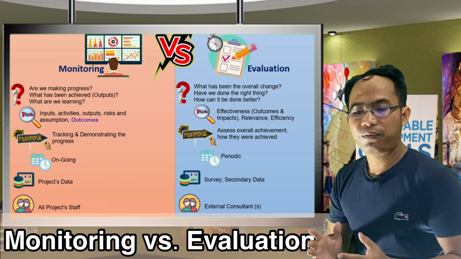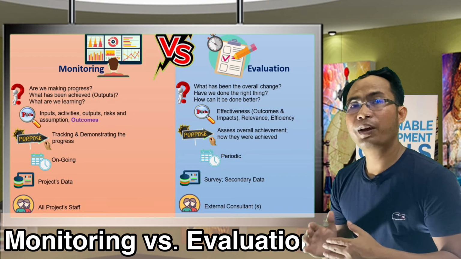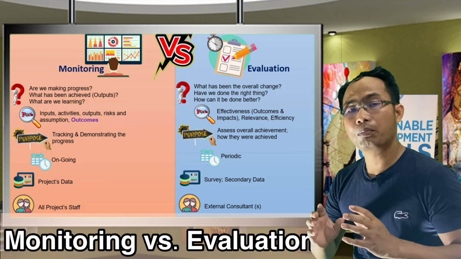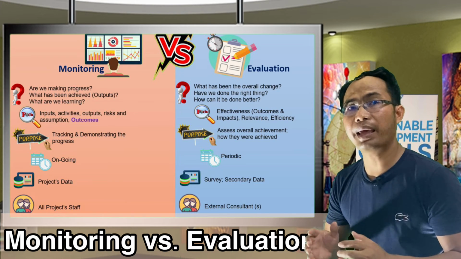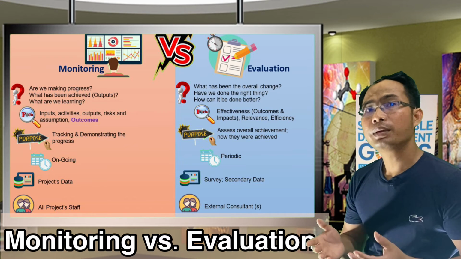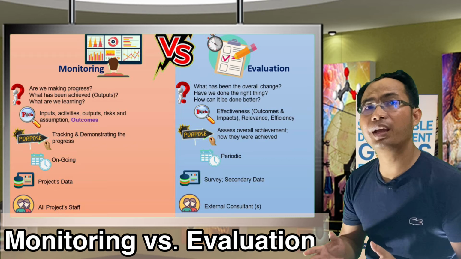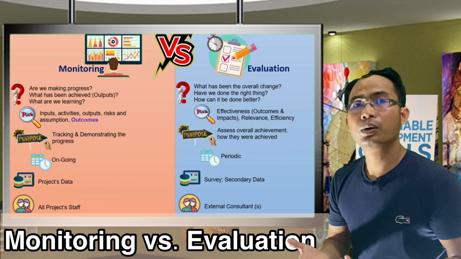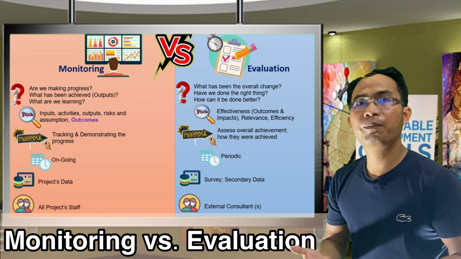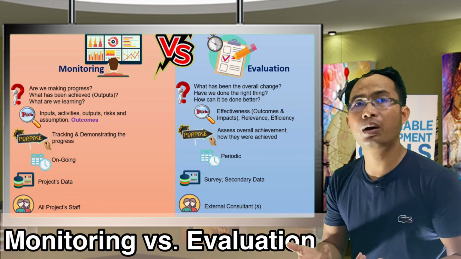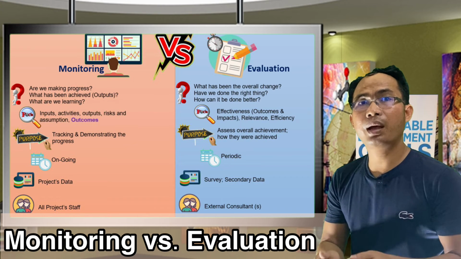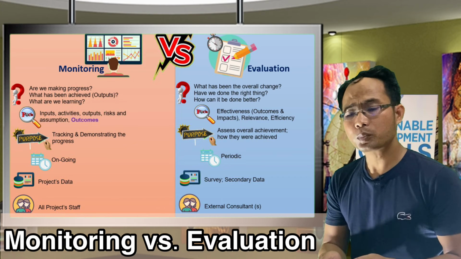However, for evaluation, this mostly should be conducted by an external consultant. But also, some activities, some surveys could be done by our staff, if our staff is well trained on research methodology and research ethics.